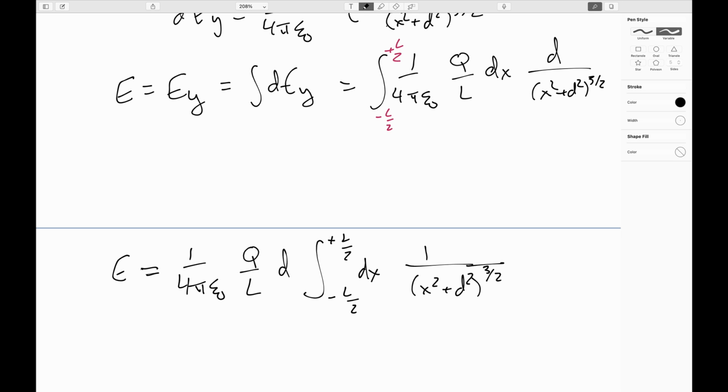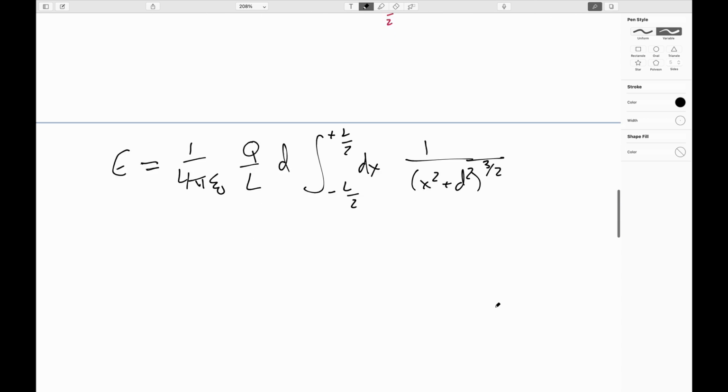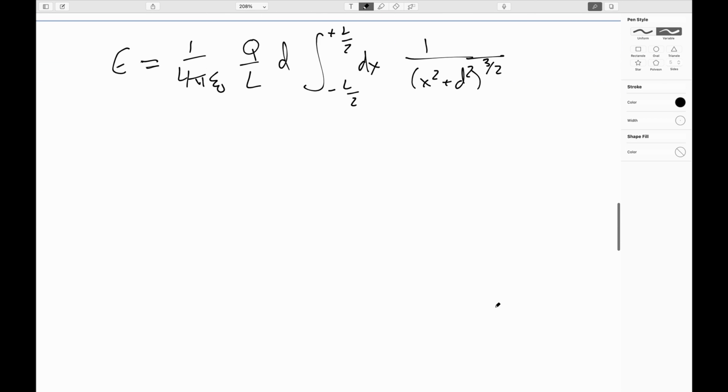All right. So anyway, the way that you would evaluate this, because this is a treatment of physics and not a treatment of math, is you would look it up in a table.